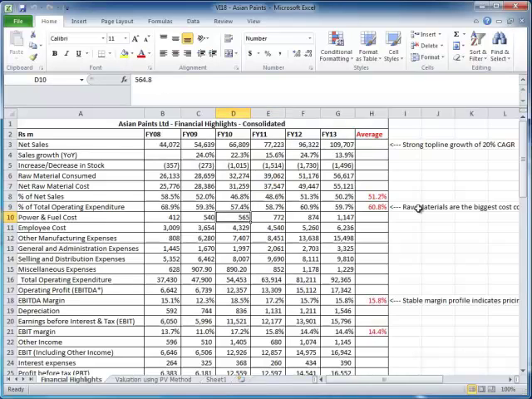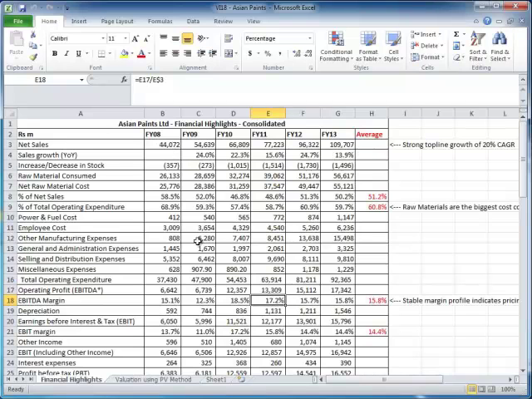And then we have a bunch of other costs that we've listed: power and fuel, employee cost, other manufacturing expenses, selling and administration expenses, selling and distribution expenses, miscellaneous expenses, and then we get total operating expenditure, which is the sum of all of these things. This gives us our EBITDA, or our operating profit. This is simply net sales less the operating expenditure, and we can see that this is a number that has also been growing over time.